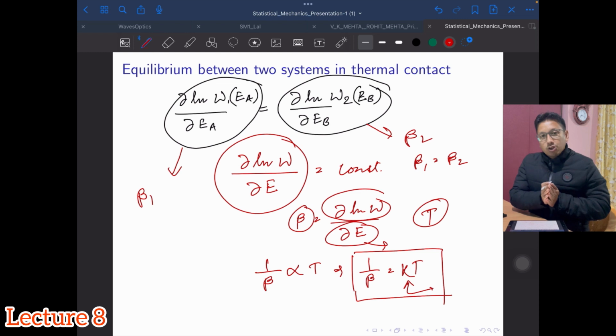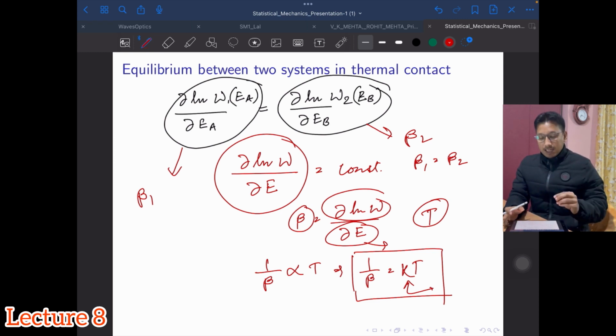In that system, it is trying to move naturally from the less probable state to the more probable state. In due course of the process, the entropy of the system is increasing. So in the thermodynamic point of view, the equilibrium state is that state where the entropy is maximum.